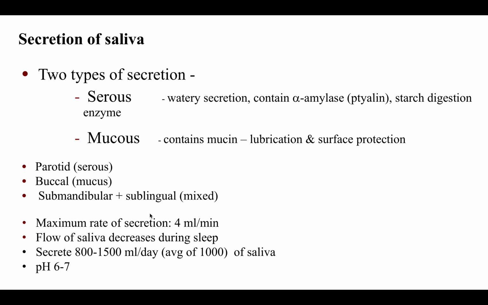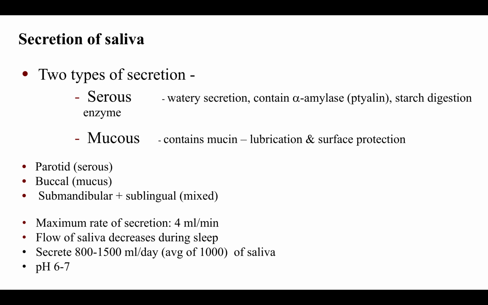The maximum rate of secretion of the saliva is 4 ml per minute, and the secretion of the saliva is decreased during sleep and between the meals. The average daily secretion of the saliva is about 1 liter, however this comes up to 1.5 liters per day depending on the requirements.